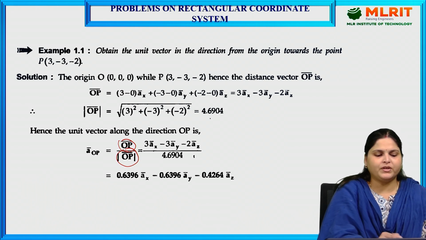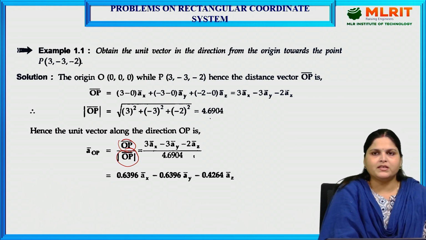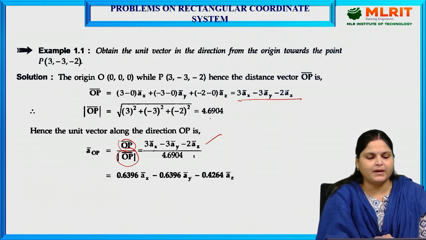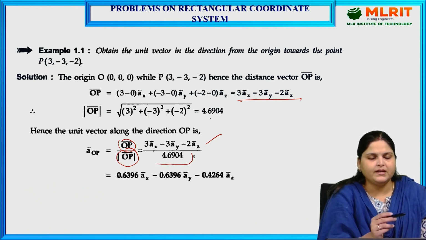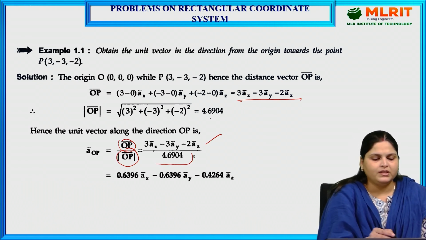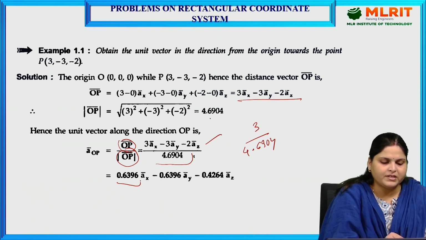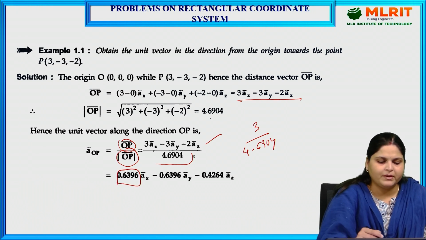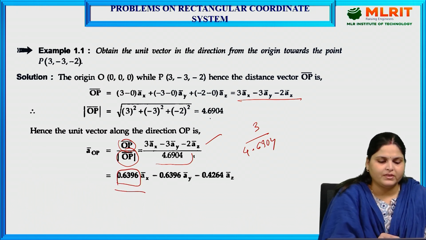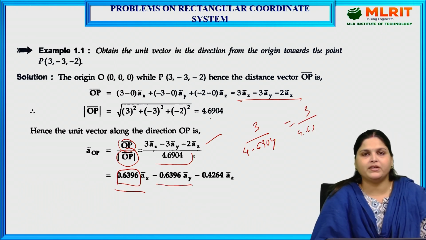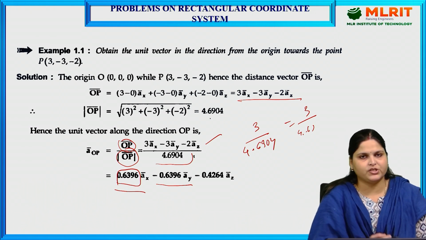So now we have both the numerator and the denominator, and we will put them into this equation. OP bar equals (3ax minus 3ay minus 2az) divided by 4.6904. When we divide 3 by 4.6904, we get 0.6396, so it becomes with ax. Then 3 upon 4.69 again gives 0.6396, but the direction is ay.